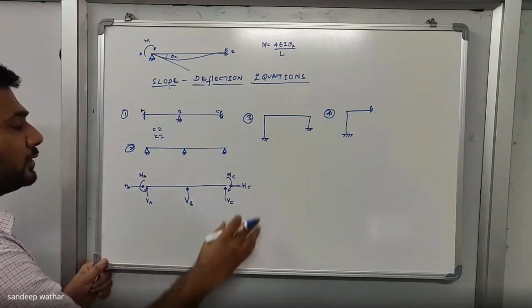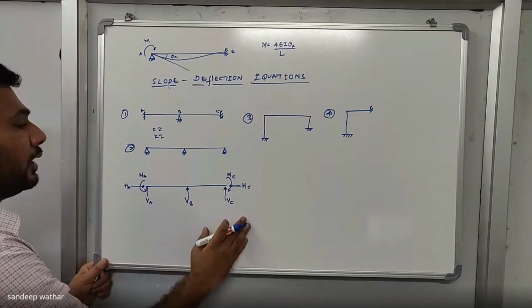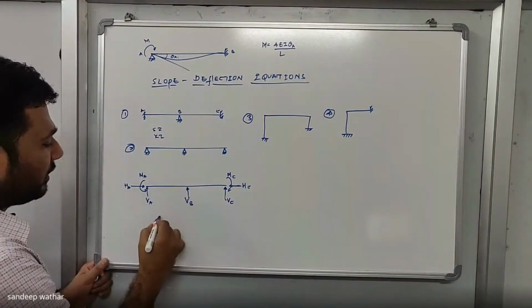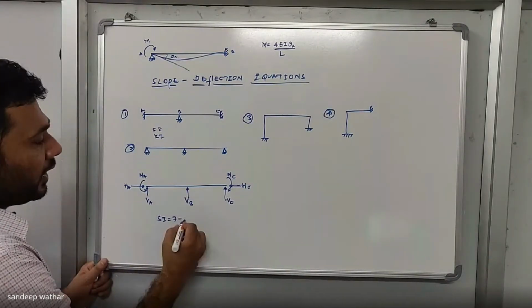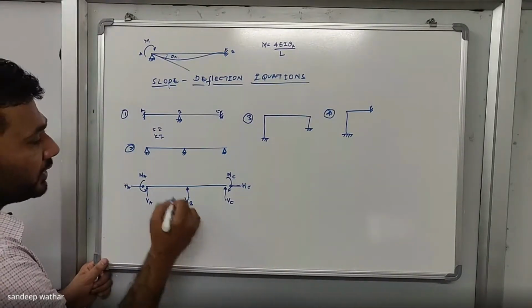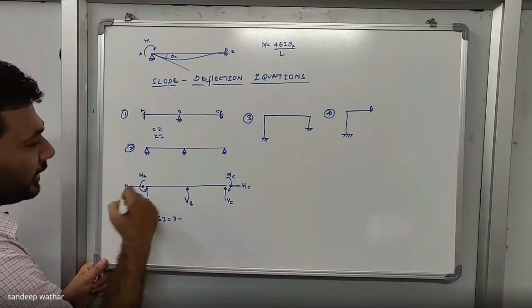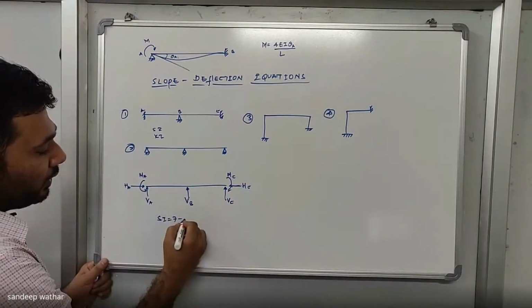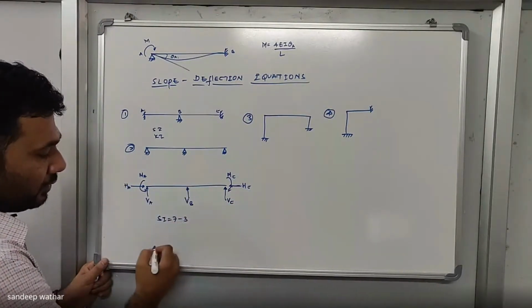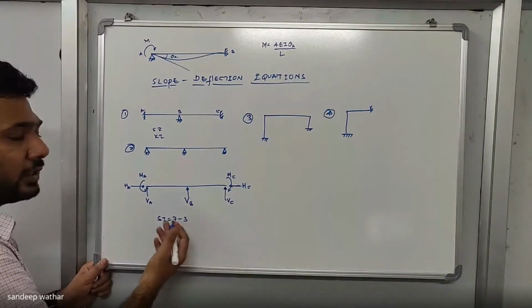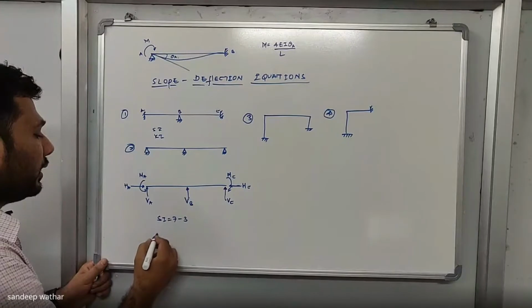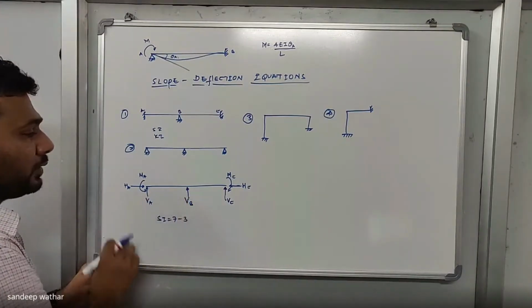So how many total reactions are there? 6 plus 1, which is equal to 7. So SI is equal to 7 minus the number of equilibrium equations we have in this condition. As I have considered HA and HC, I'll have 3 equations now. So 7 minus 3, the static indeterminacy is equal to 4. So this is one of the methods.